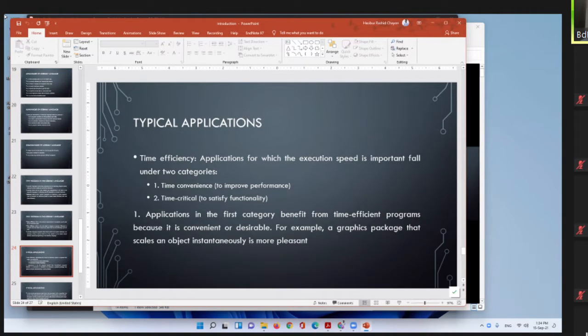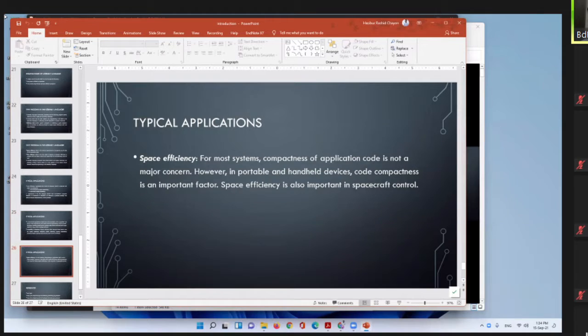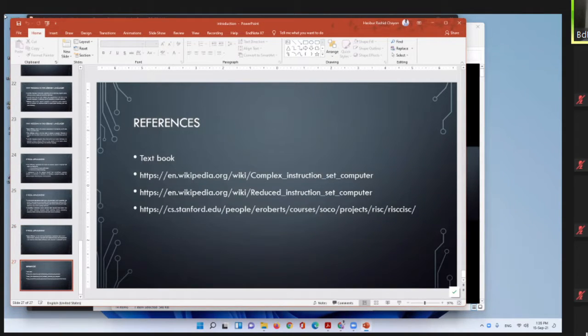If you cannot do it, it's fine, but it should not be harmful. But in the time critical application, you must finish your job within the time. Otherwise, some disaster or some harmful thing can happen. These are the time efficiency, time convenience, and time critical. Some examples. Then that's it. So that is chapter number 1.